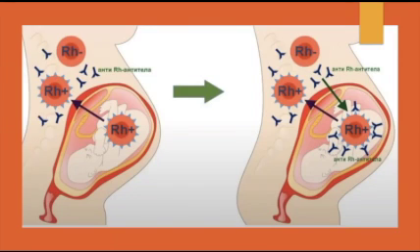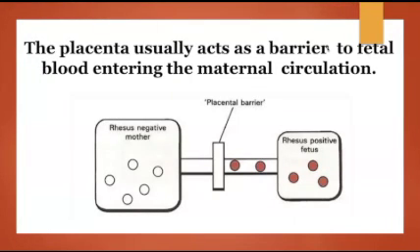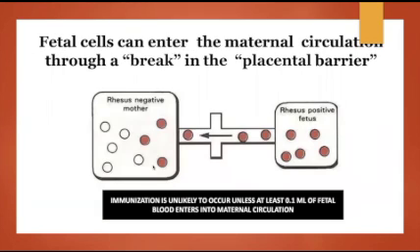And this process we call immunization or sensitization. Normally, the placental barrier doesn't let fetal blood mix with the mother's blood. But in some cases, there can be a break in the placental barrier, for different reasons.